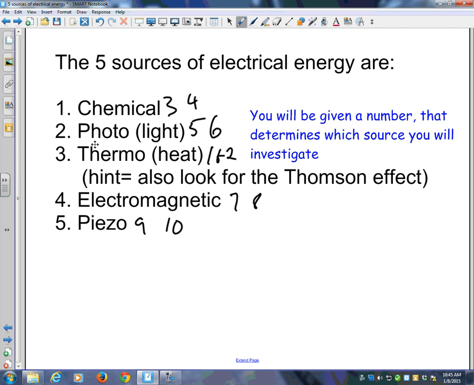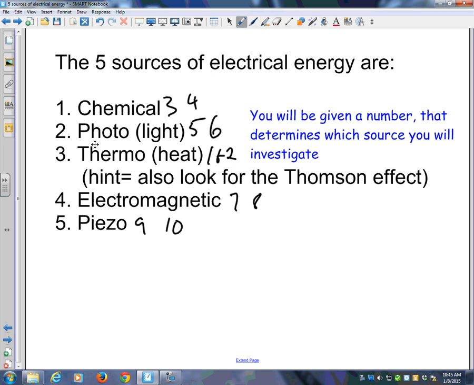Okay, so chemical source of electricity, Riley. Tell me about it in 10 seconds. Go. What's an everyday common example of a chemical source of electricity? You've all got it in your pockets. Batteries, exactly. Every device, your iPods, your iPhones, your iPads, the computers, all have batteries.